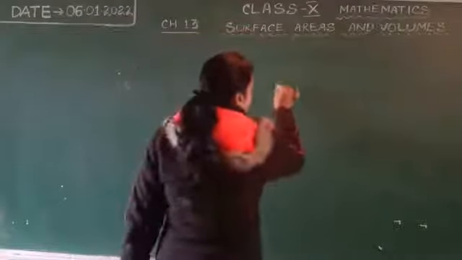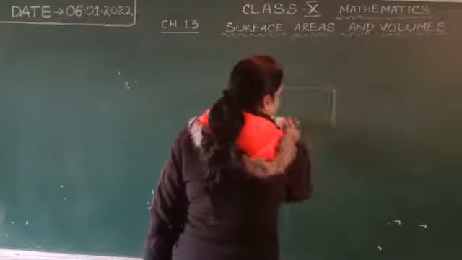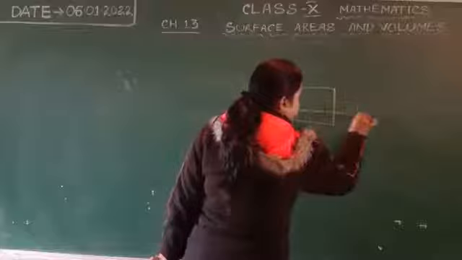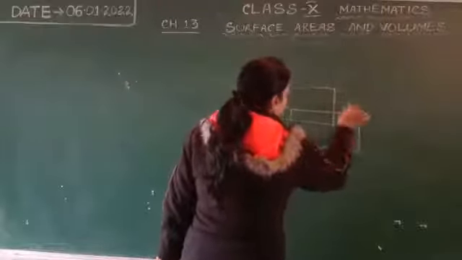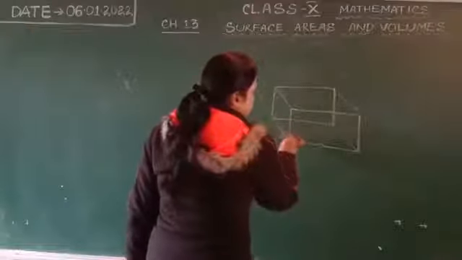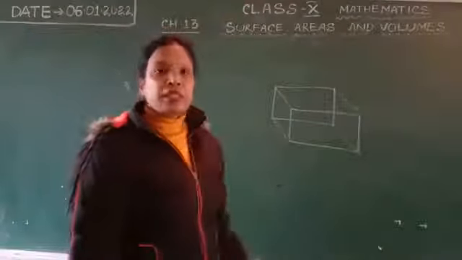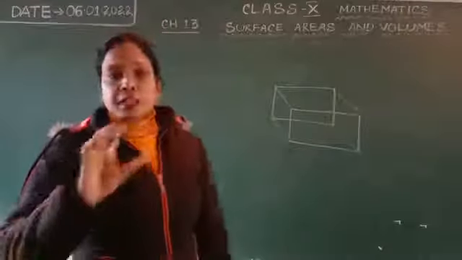Okay. So here you see, this is the shape of a cuboid. Examples of a cuboid: duster, brick, your mathematics book.